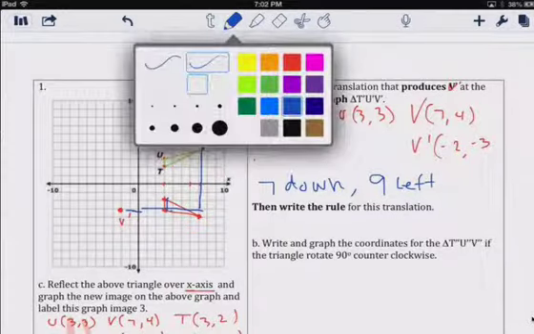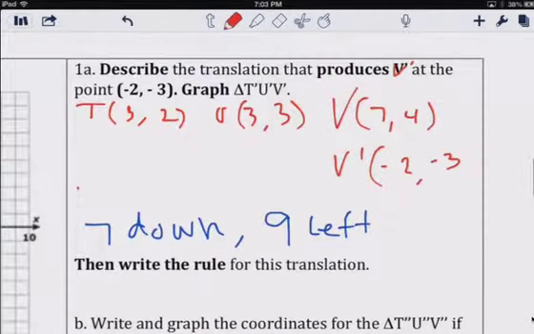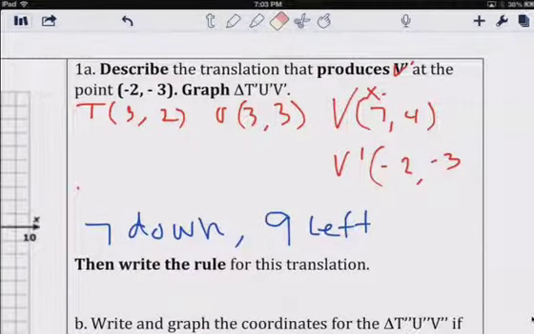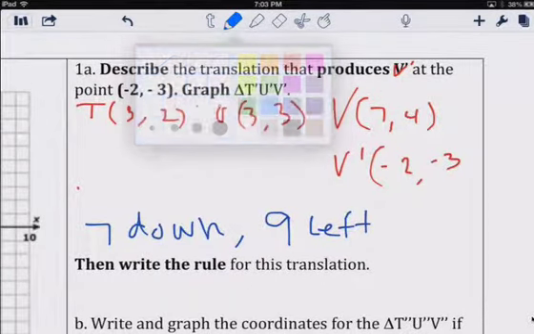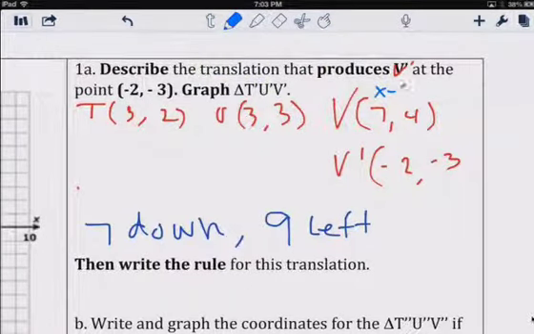Let's see if we're right. Let's do the blue. X minus 9: 7 minus 9 is -2. Y minus 7: 4 minus 7 is -3. So, yep, that's right. We describe it correctly.